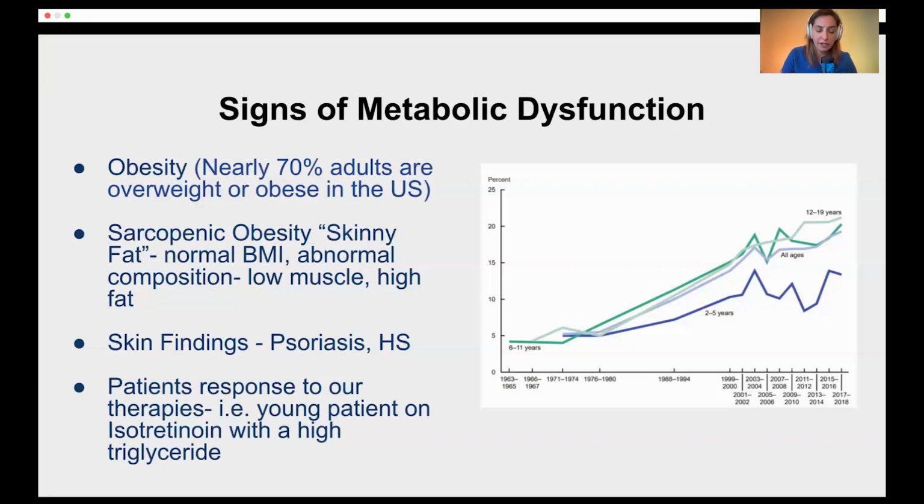This is a phenomenon I found a few years ago. I started testing my younger patients starting isotretinoin, and their triglycerides shot up really fast. That's usually not a normal situation in a young patient, especially a teenager. We know most of our patients on isotretinoin do just fine and their triglycerides never go up, but some do. So what's going on there?